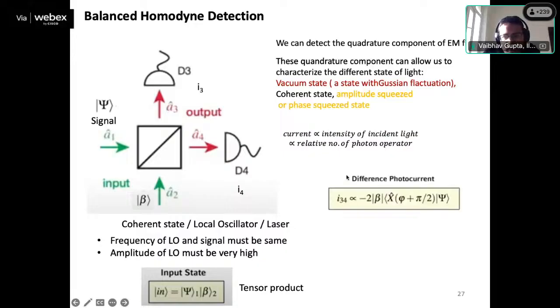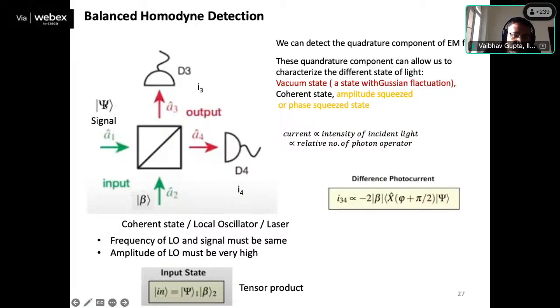And finally, if you take I3 and I4, these two currents, and subtract them, I3 minus I4, which can be written like this, will be equal to something like this. What is this value? You see these brackets, that is the mean value, and that is the one quadrature. X is the quadrature which is applied on state psi.